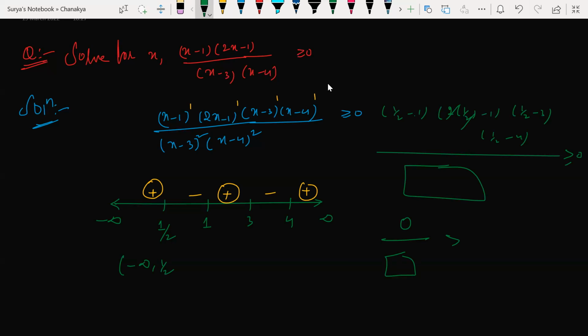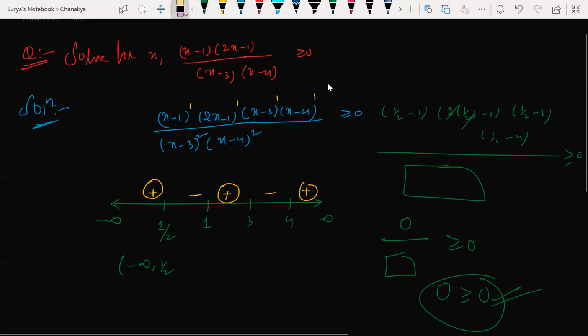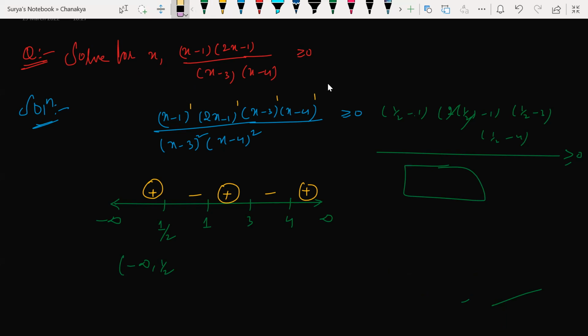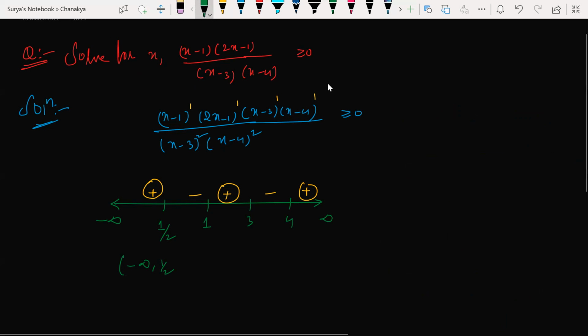So here 0 is greater than or equal to 0. It is a valid statement. 0 can be equal to 0, but 0 cannot be greater than 0. So I can include 1 by 2.